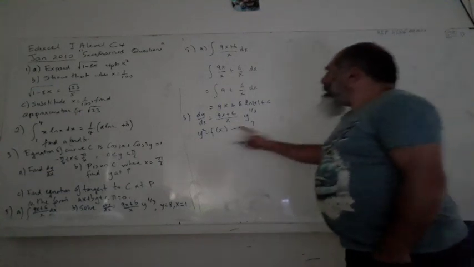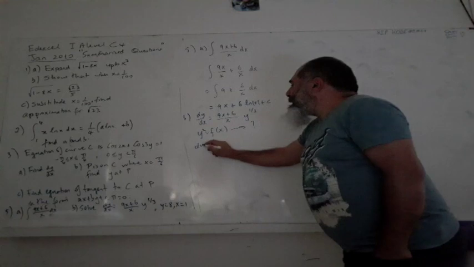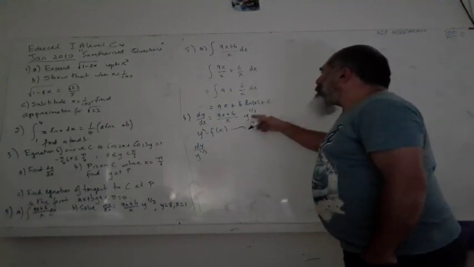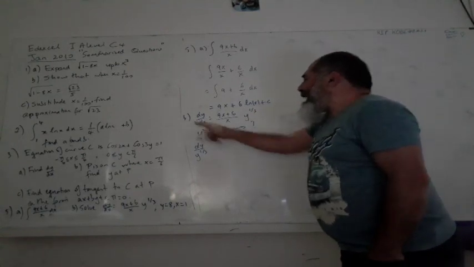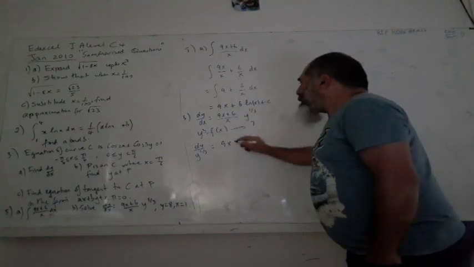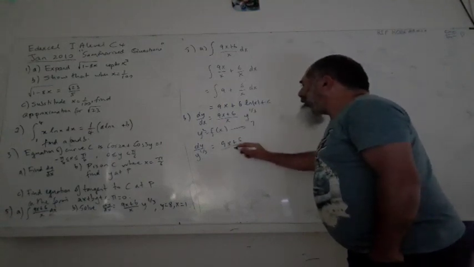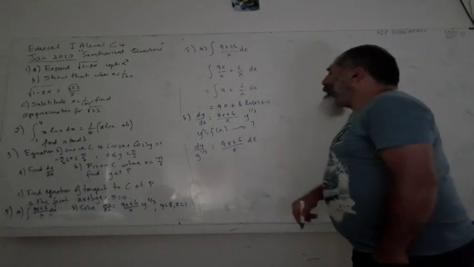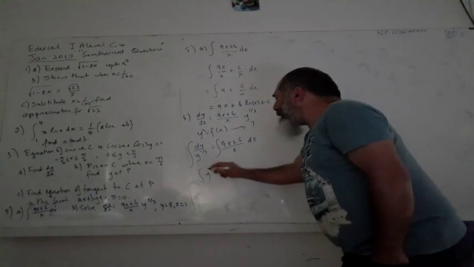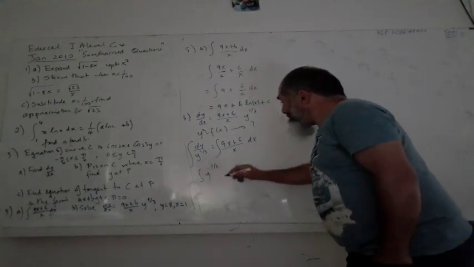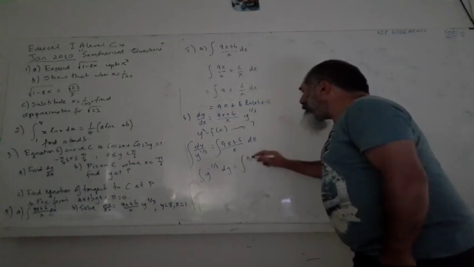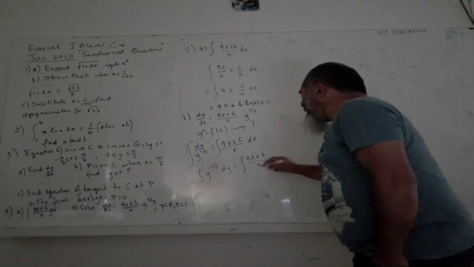So let's separate the differential equation. I take y to the power of 1 over 3 there and change the place of dx, take it onto the right hand side, do the integration, y to the power of minus 1 over 3 dy is equal to integration of 9x plus 6 over x dx.